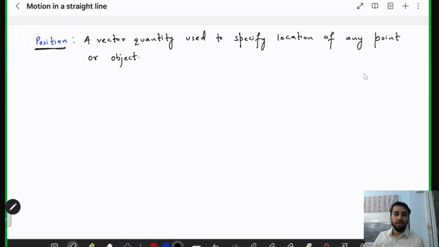Simple thing. So it's a vector quantity which is used to specify the location of any point or object. We're not going to get too much into this. This is very basic stuff.